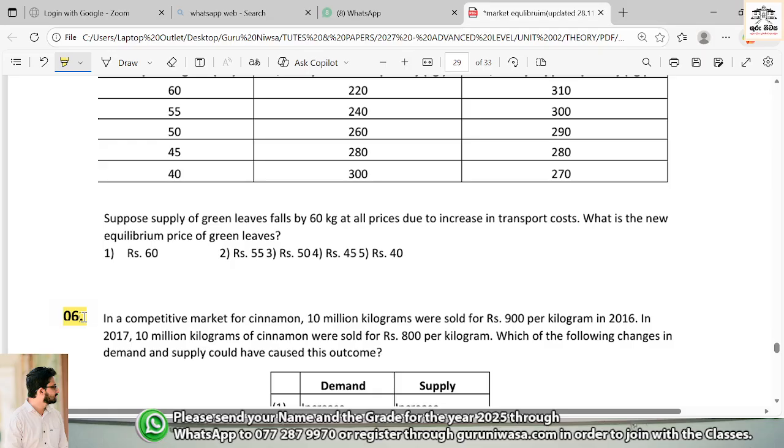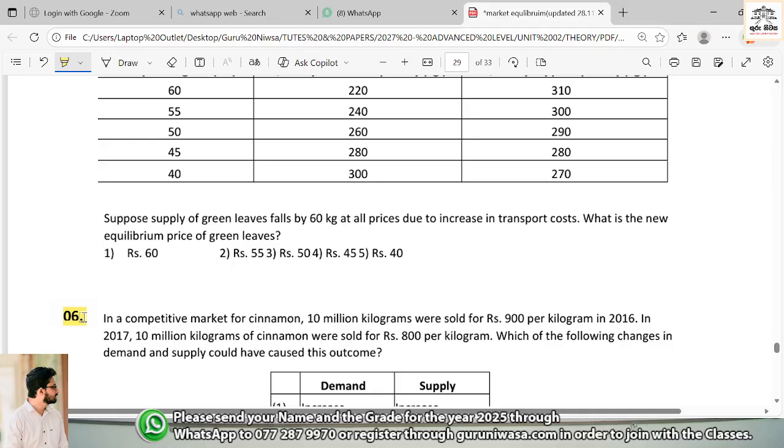In a competitive market for cinnamon, 10 million kilograms was sold, meaning equilibrium quantity, at 900 equilibrium price in 2016. In 2017, 10 million kilograms of cinnamon was sold for 800 per kilogram.